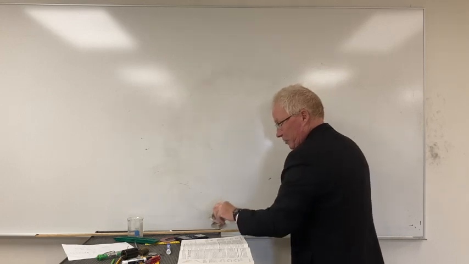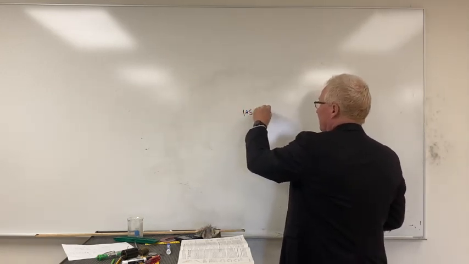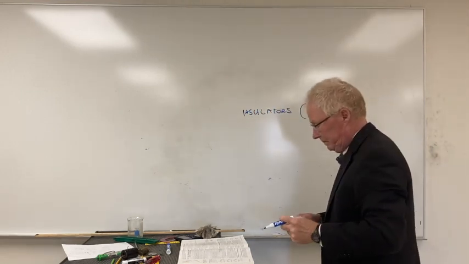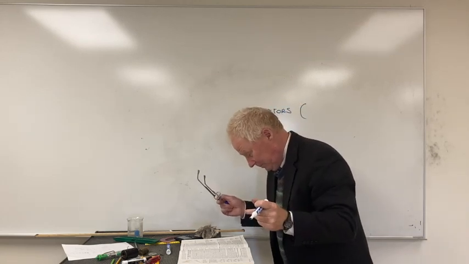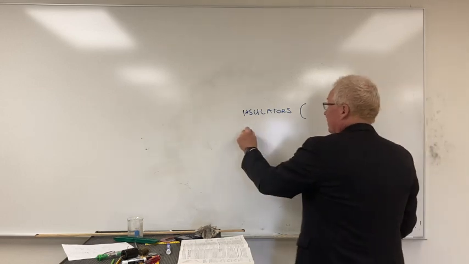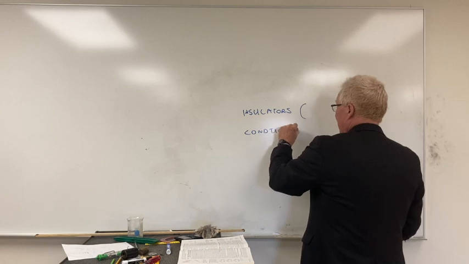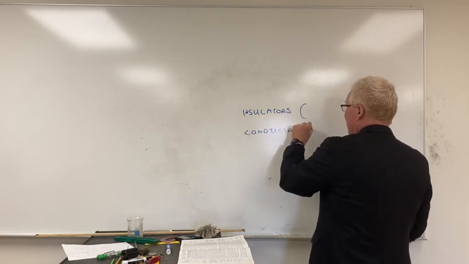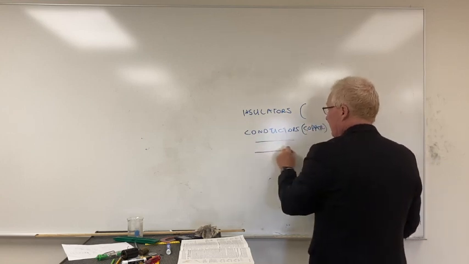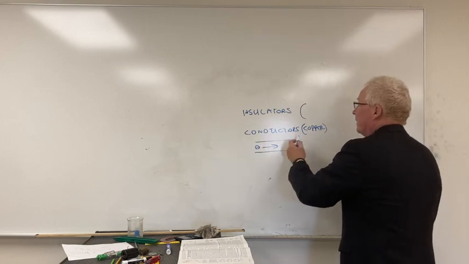We'll talk a little bit about insulators and conductors. Conductors like copper allow electrons to flow through easily.